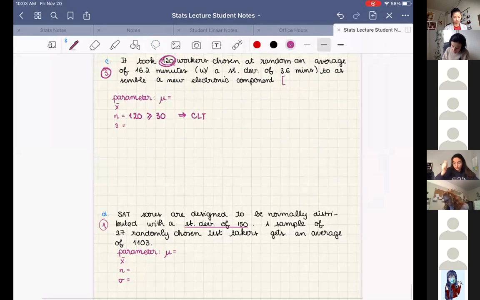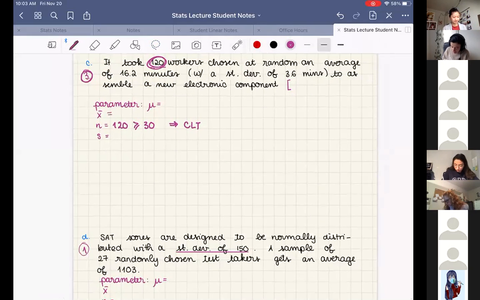In addition to that, we were told that the mean was 16.2 and the standard deviation was 3.6.